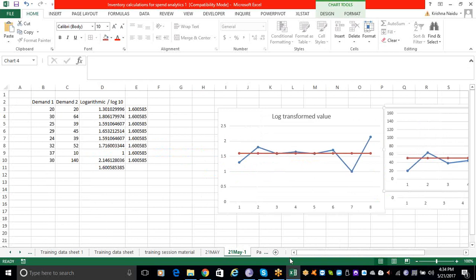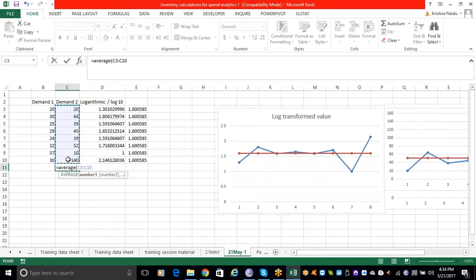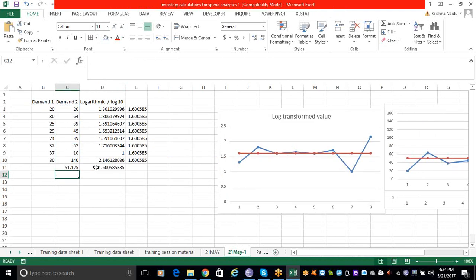Great. Now let's take the average. The average is 1.6005, right? This is the average of this data point.